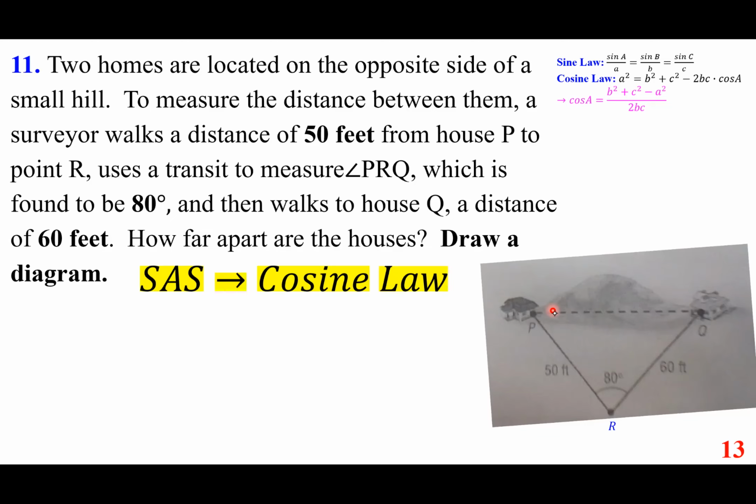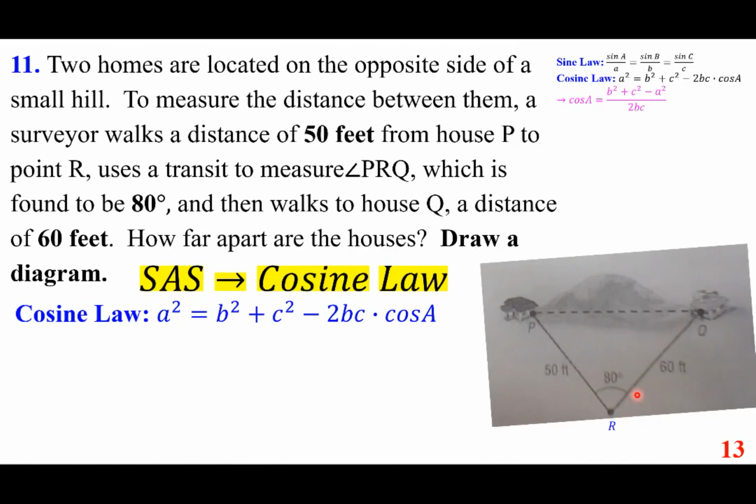So it's side, angle, side. As you can see, we have both sides and the included angle. So we're going to use the cosine law. A squared is b squared plus c squared minus 2bc cosine a. Therefore, PQ squared is 50 squared plus 60 squared minus 2 times 50 times 60 times cosine of 80 degrees.